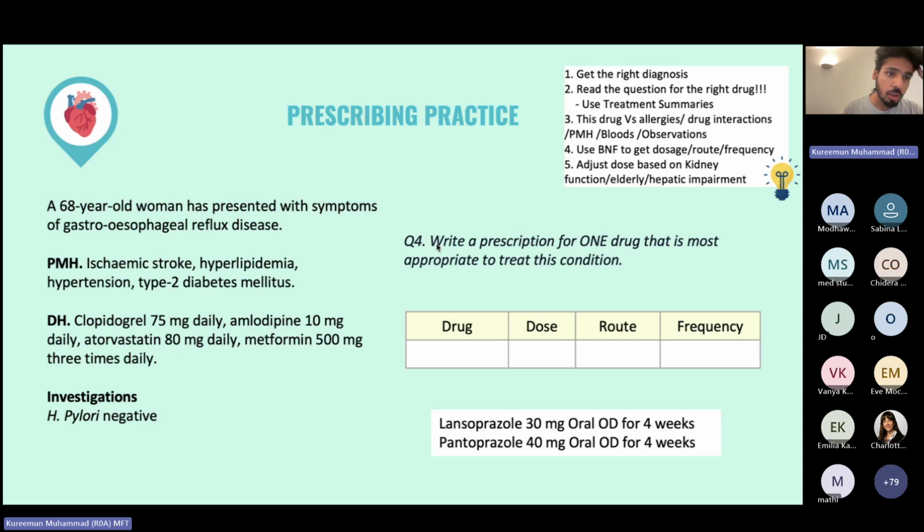If you look at the drug interactions, it says omeprazole or esomeprazole is predicted to decrease the efficacy of clopidogrel, so you can't give that one. You're left with lansoprazole or pantoprazole, which have no interaction with the medications.